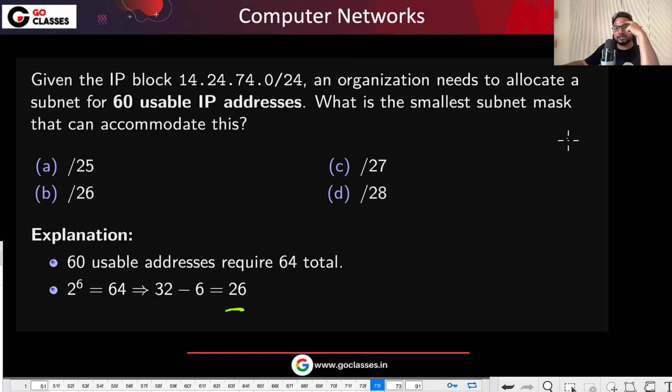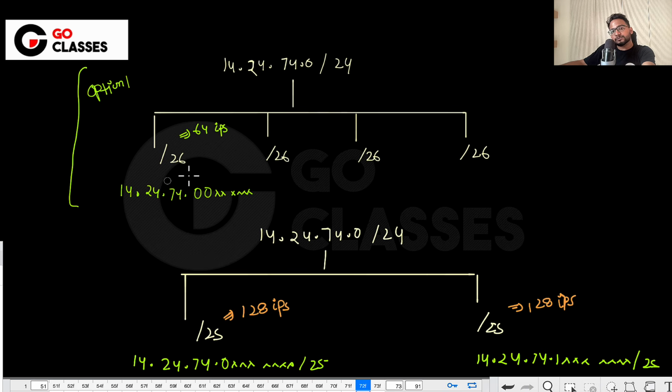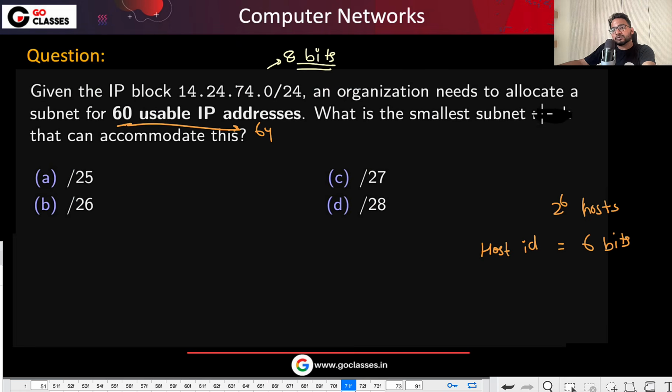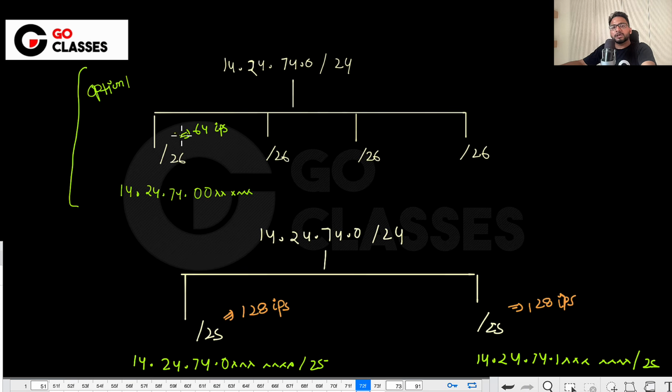The terminology here should be a smallest subnet that can accommodate 64 IPs. Instead of mask, let me write a smaller subnet, because we should always prefer the smaller subnet.